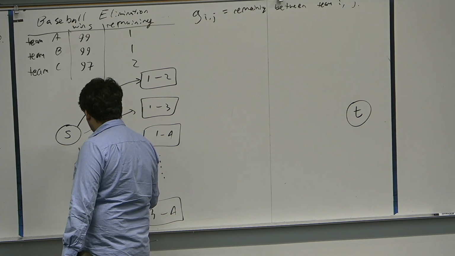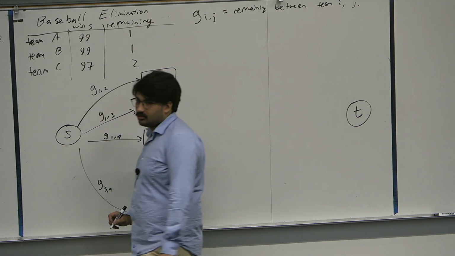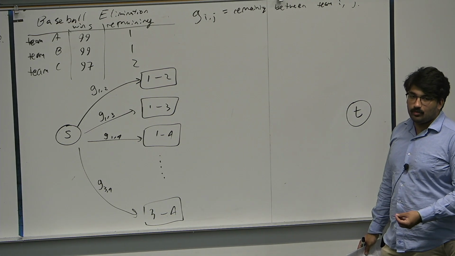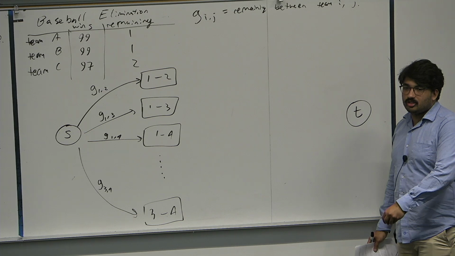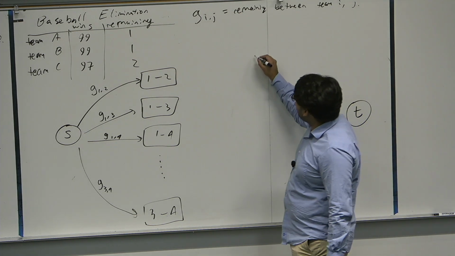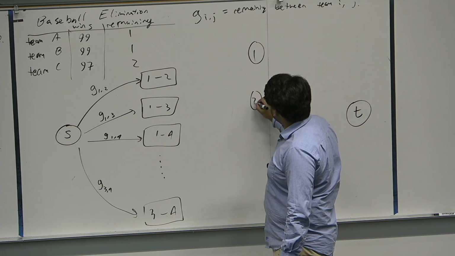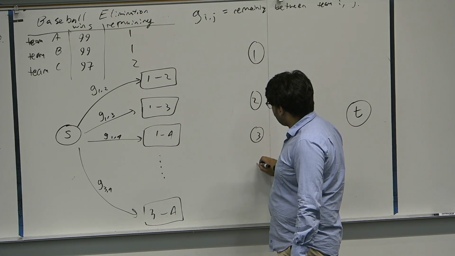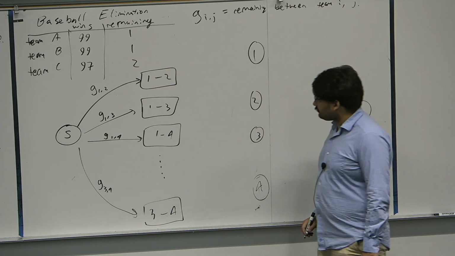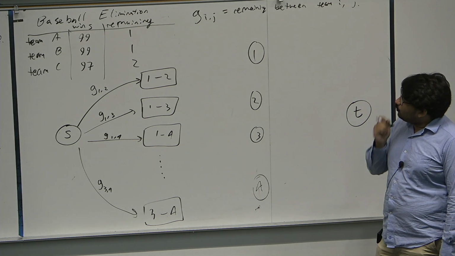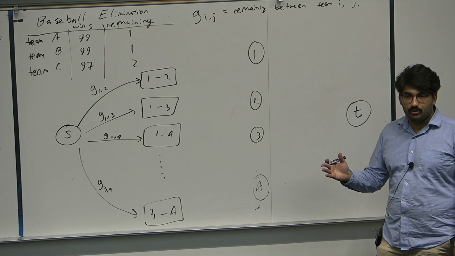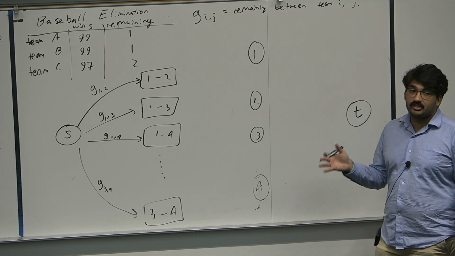And again, we want to determine if a team is mathematically eliminated, right? Now, of the possible games that Team 1 and Team 2 play, some of those Team 1 are going to win, some of those Team 2 are going to win. So what we do is we create a second layer of nodes here, 1, 2, 3, let's say 4, right? And T1 is going to win the games that are played between Team 1 and Team 2, some of those Team 1 will win, some of those Team 2 will win, right?